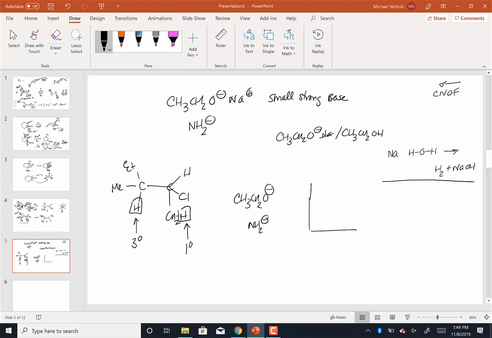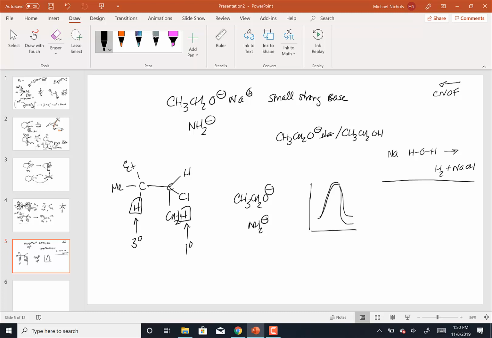So that means the transition state energies for the small base removing the primary or the tertiary hydrogen are going to be roughly the same. So what's going to dictate the major product? One product is going to be more stable than the other.